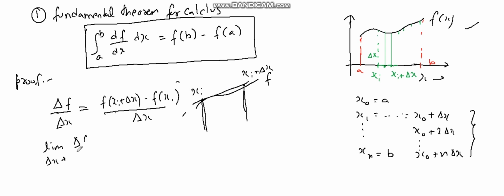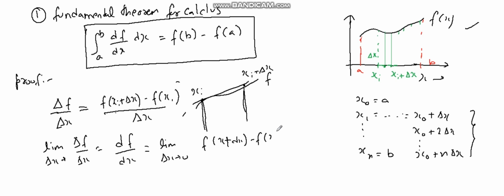That term will actually become df by dx, and that is equal to the limit delta x tends to 0 of f of x plus dx minus f of x, divided by dx.